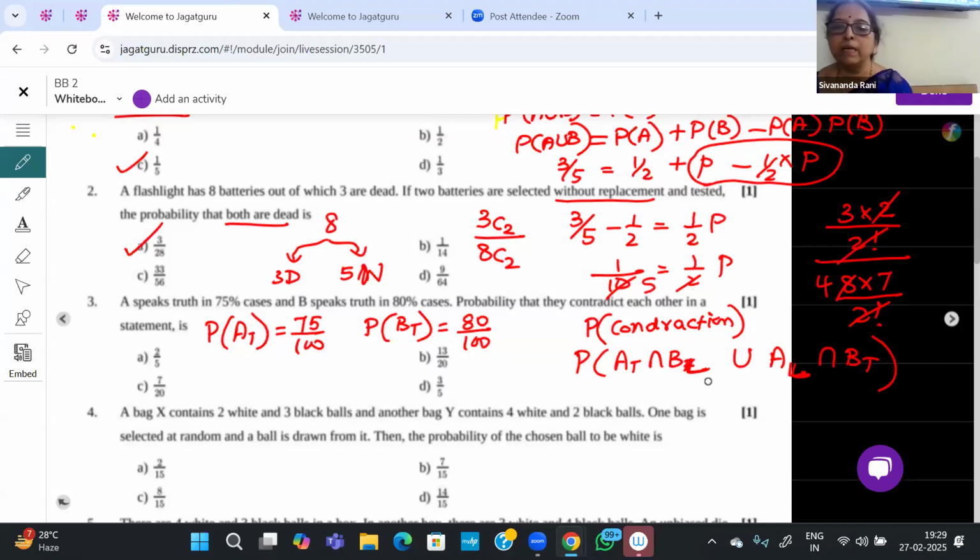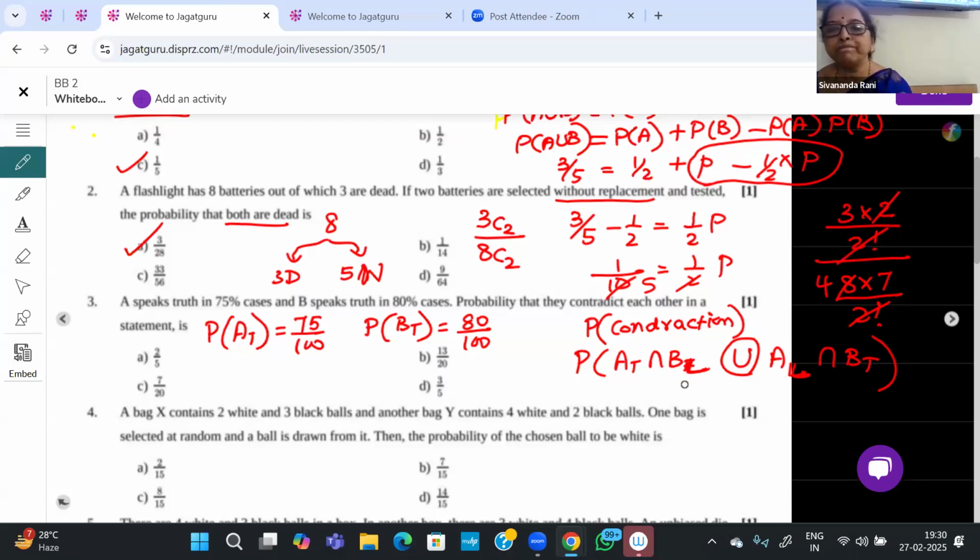These situations are mutually exclusive, so when the first one occurs, the second one can't occur. The union will become plus. And they're independent also. Mother is not dependent on father while speaking; they're not influenced by what the others are saying.